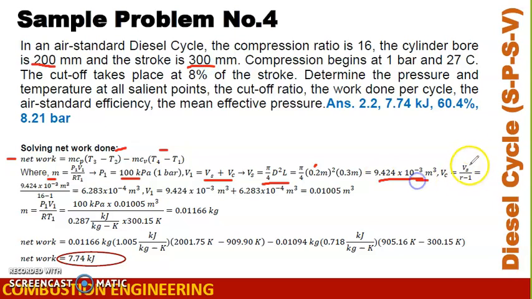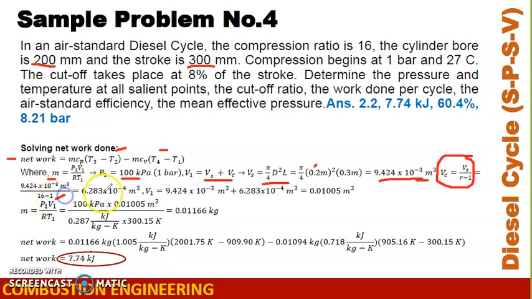For VC, the relationship is given as Vs over R minus 1. So to solve for the clearance volume, that is the swept divided by R minus 1. Since we already have the swept volume and we already have R, we just substitute the value.